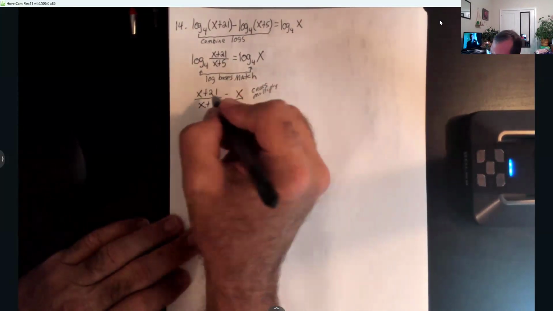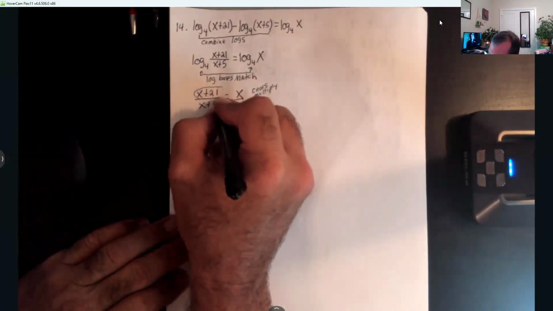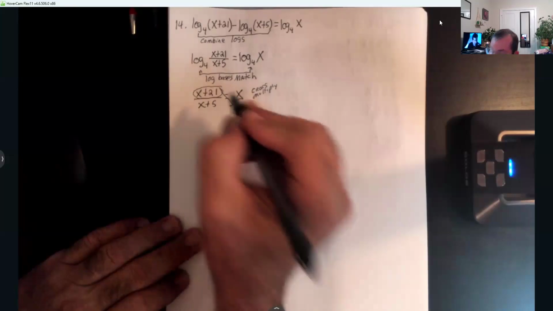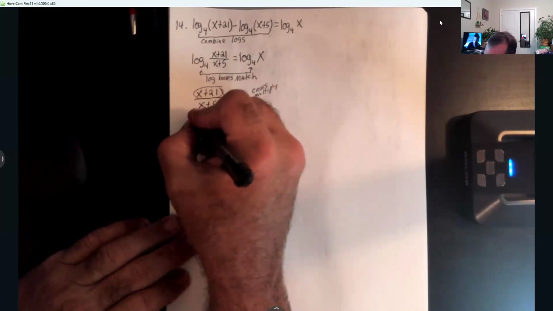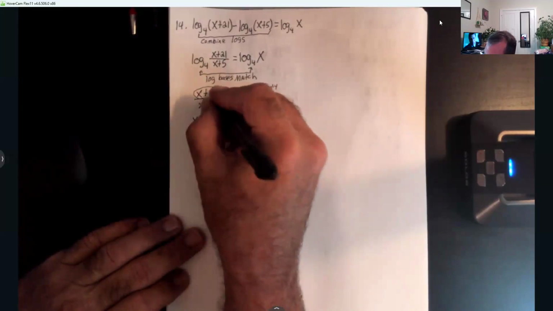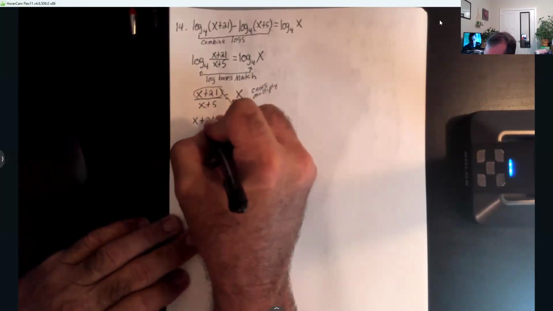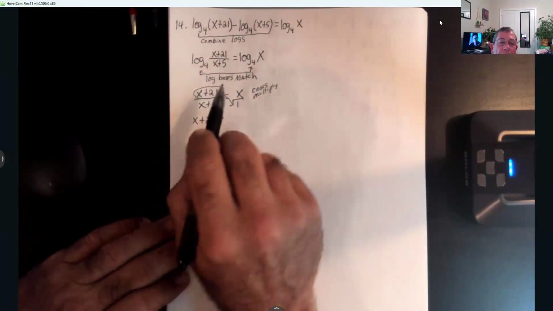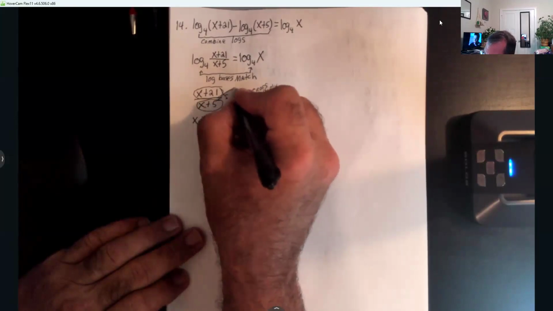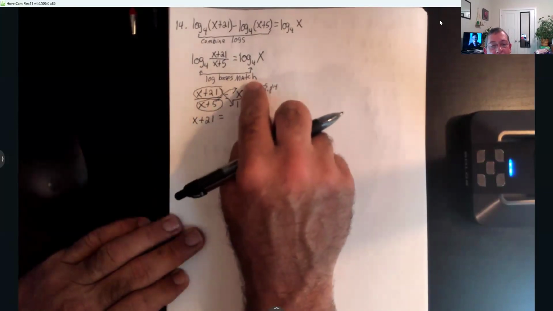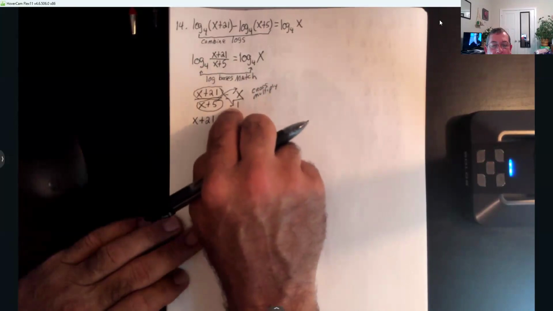So remember, cross multiplying, I take the x plus 21, multiply by the bottom on the other side. So x times 1 is x, plus 21 times 1 is 21. Then I take the bottom of the first fraction, in both of those, multiply by the top on the other side.